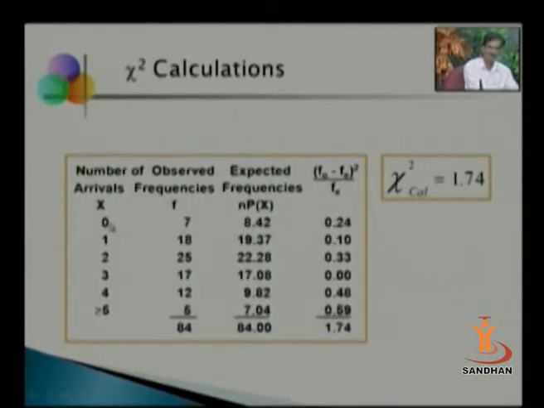For x equal to 0, this is the observed frequency. But under the assumption that the data follows Poisson distribution, the expected frequency is 8.42, and the test statistic is again the same, only a slight notational change: (FO minus FE) squared upon FE.